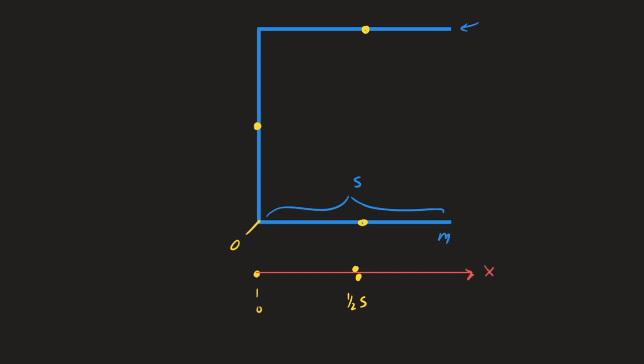Now in the Y direction, I've got a point here, and a point here. In the Y direction, I have 3 points, but they are spread out a little different.